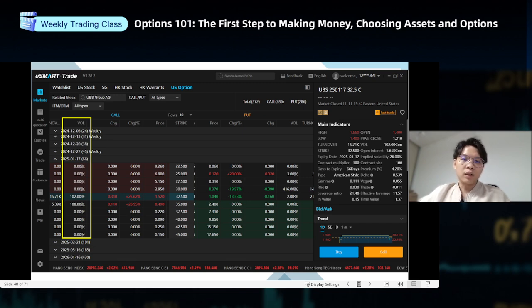And for the one that is going to expire in 66 days, even though there's a high opening position right now and a high trading volume, the trading volume is concentrated across just 2 strike prices. So if you want to get in now, your choice is limited, and we would like to avoid that. Even though UBS is a very good share, the option is not delicious. So for this case, we will just move on to another share.